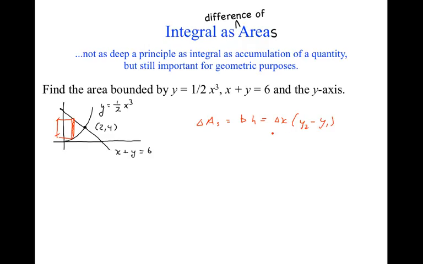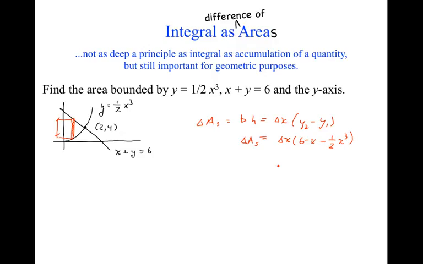But since we have delta x, we want to change that into x. So y2, that's the line, 6 minus x. And y1 was the curve at the bottom, so that's 1/2 x cubed. So that is our area of just that one strip, and then we're going to add those up from left to right, starting at the y-axis.